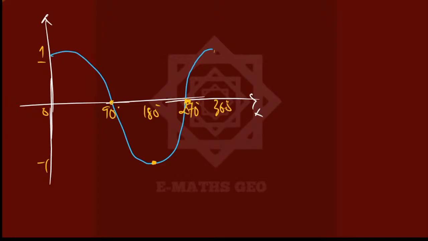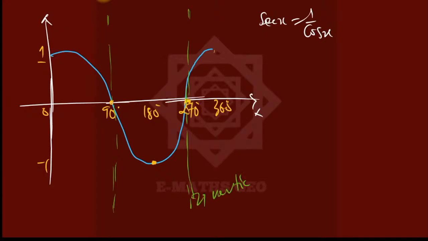So the same way, if we now get our 90 and 270, if we draw our vertical asymptotes there, we now flip the graph the other way around. Almost the same, flipping it.